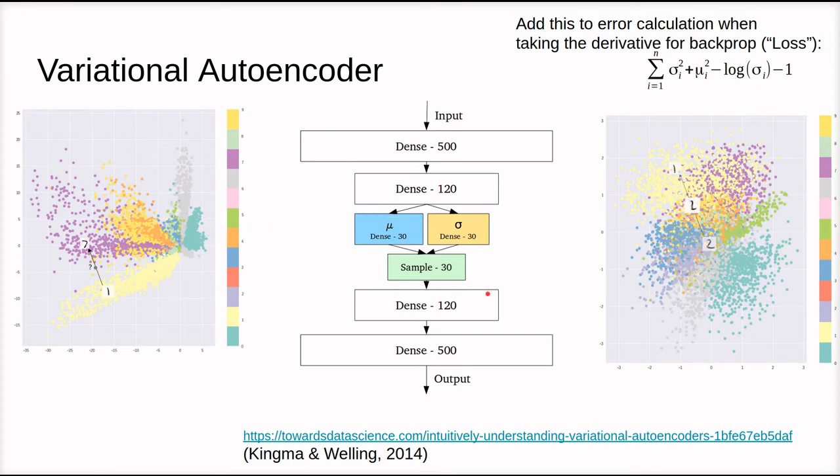Instead of having just one compressed representation in the hidden layer, it has two populations, designed to represent a normal distribution for each element in the layer, with an average mu and a standard deviation sigma.